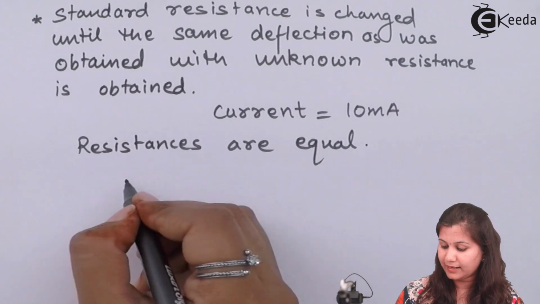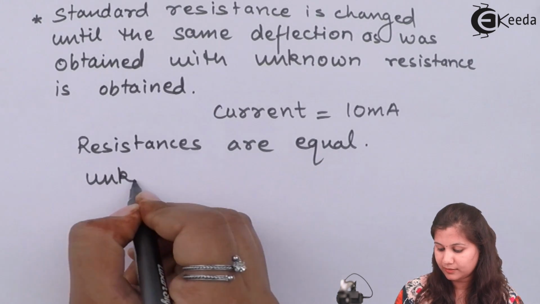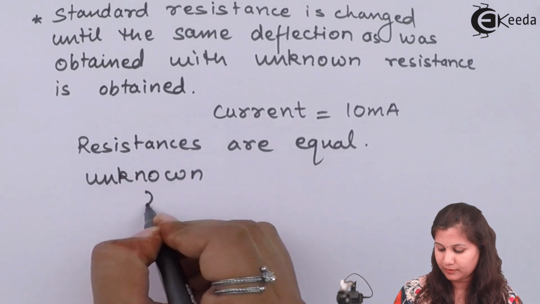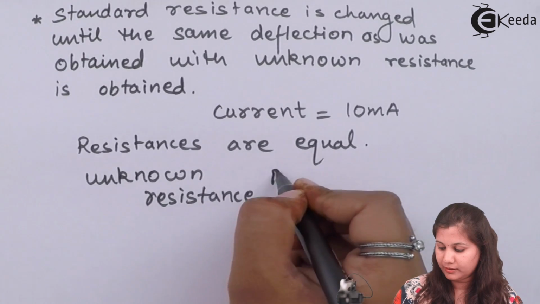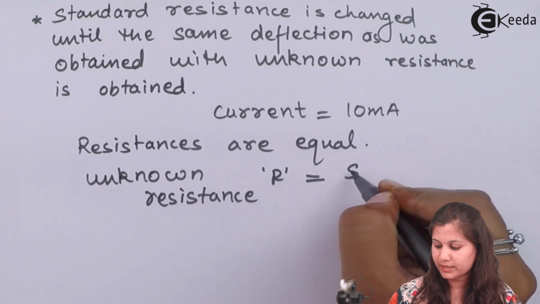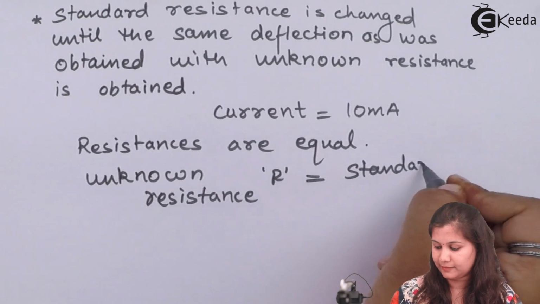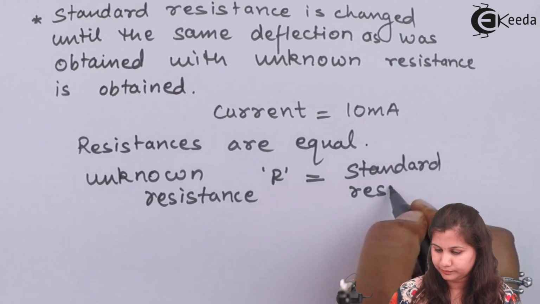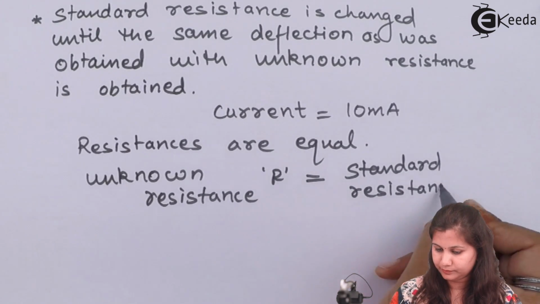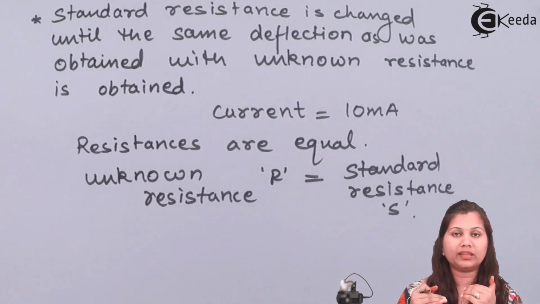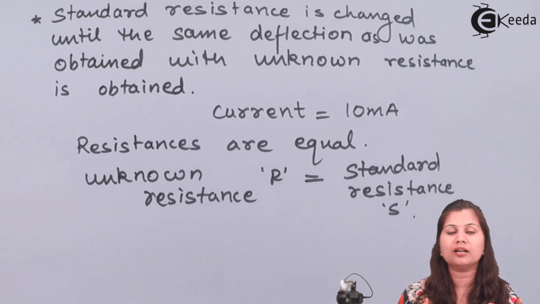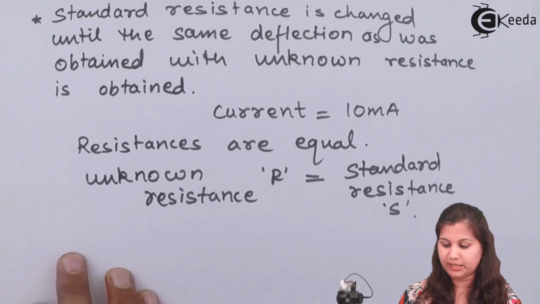Okay, it means that the unknown resistance R is equal to the standard resistance S. So we are substituting the unknown resistance with the standard resistance, and through that substitution we are measuring the value of that unknown resistance.